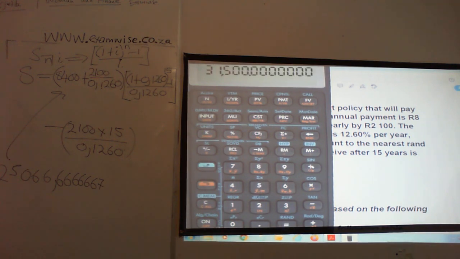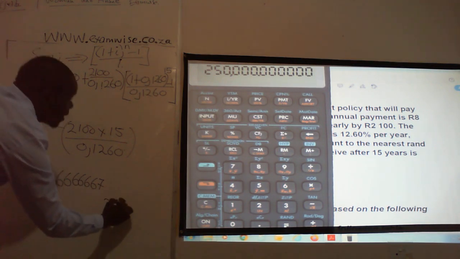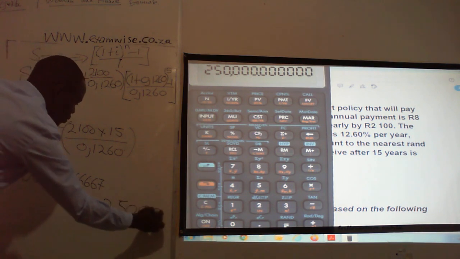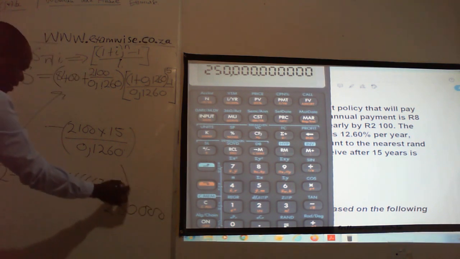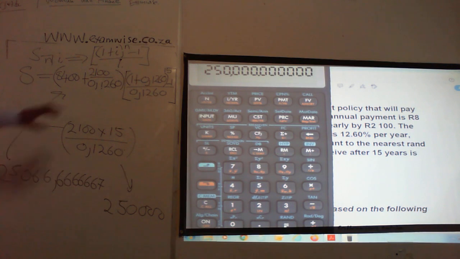Then after that, we divide by 0.1260, and then equals. So this one which we are subtracting gave us 250,000. So this one we calculated, and we get this one. And then this one here which we are subtracting, we get 250,000.